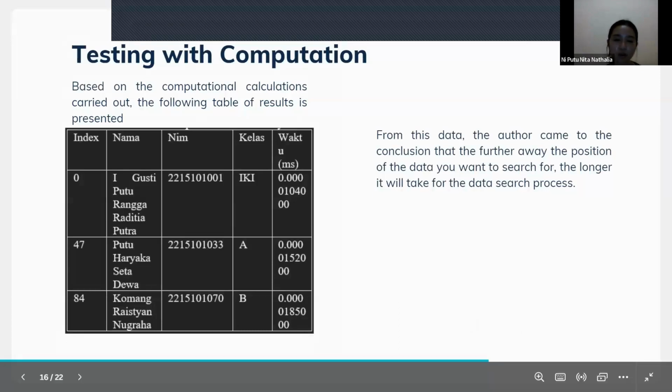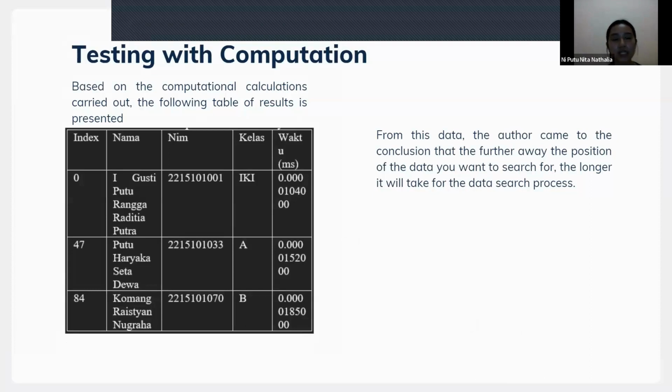We want to search for data with the student number value, the last one, which is 2215101033. So when the user inputs that student ID, the algorithm will search for the value in the array.